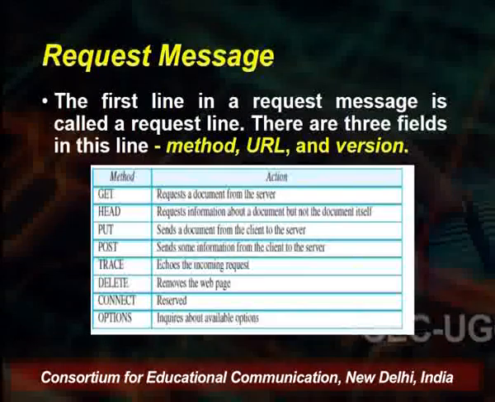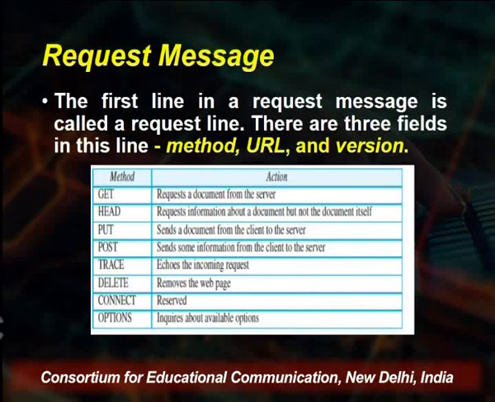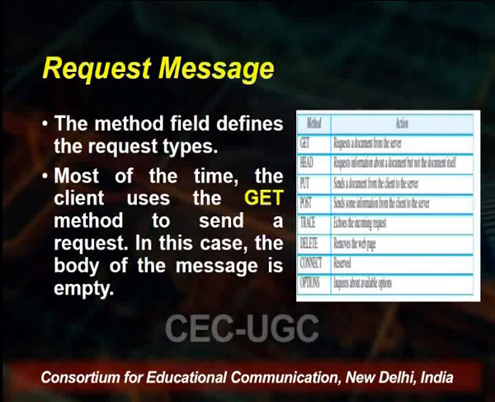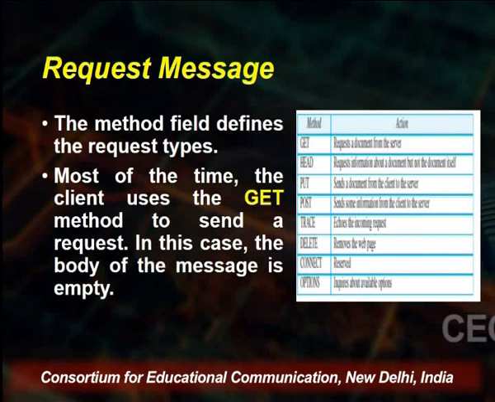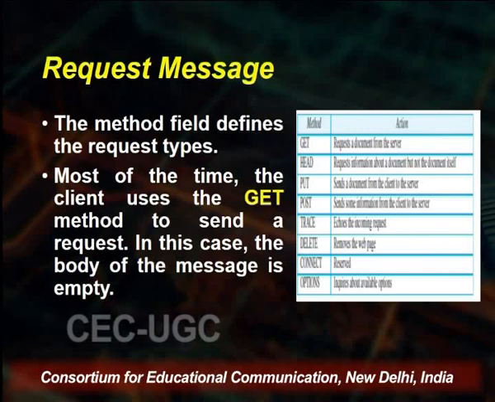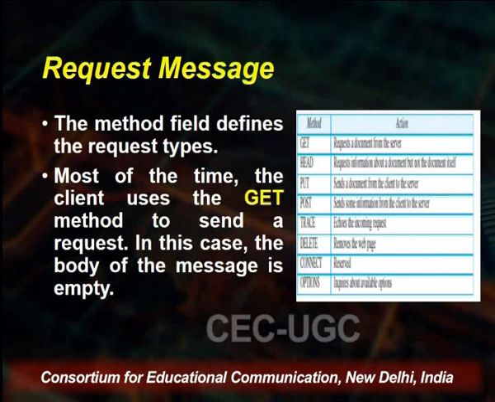Let's see. In the request message, you can have different methods in which the request is going to be sent. The most common method used is known as the GET method. GET is used to send a request to the server, and in this case the body of the message is empty.